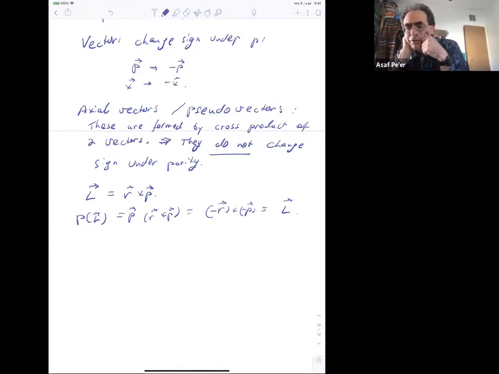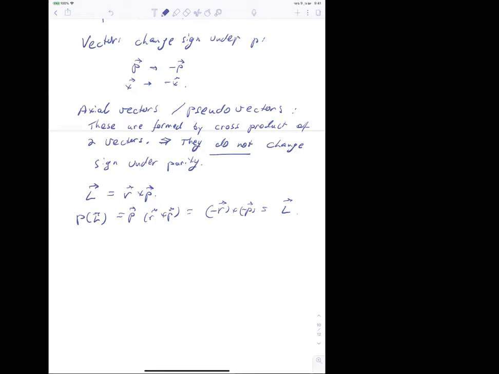A scalar product of two vectors, not a vector product.